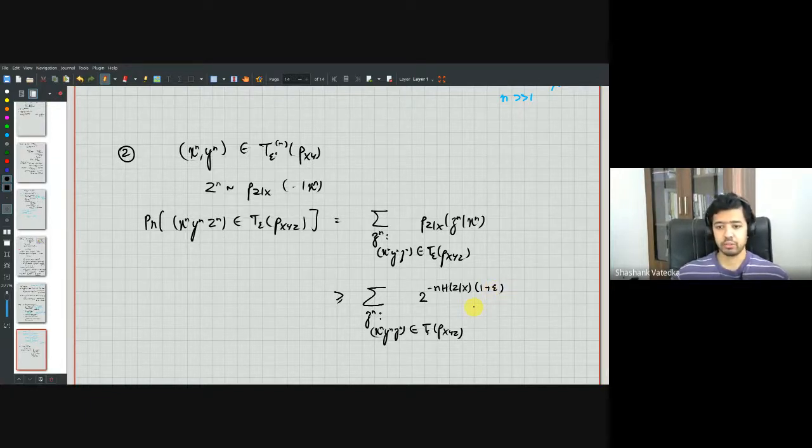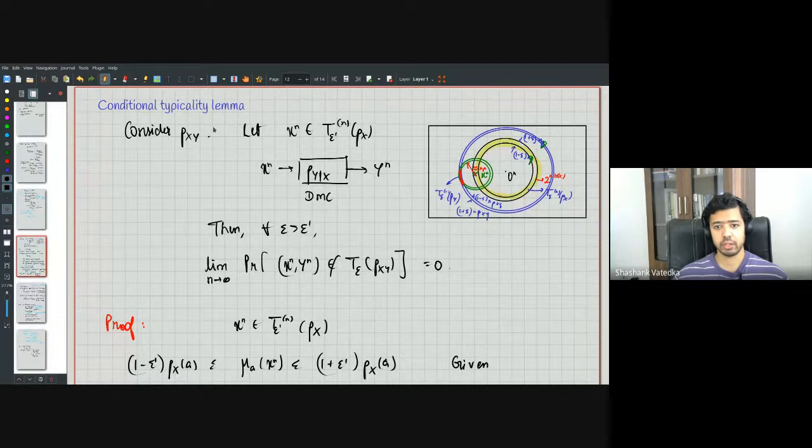Note that in doing this we're using the conditional typicality lemma that we saw in the previous class. So you have an xn, you pass it through a DMC, or basically you draw yn according to p(y given x).